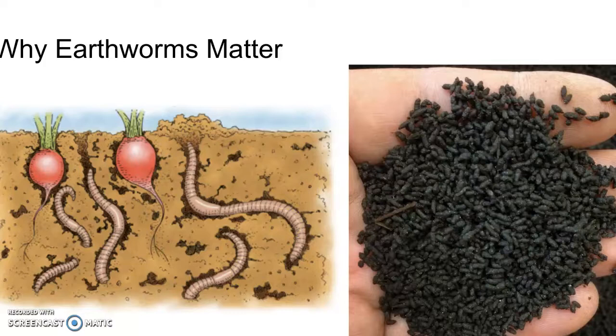Okay, so why was I holding one? As you know, I'm an avid gardener, and I love having these guys around, for a couple of reasons. As they tunnel through the dirt, they cause holes. These holes allow aeration, so oxygen and carbon dioxide are present.